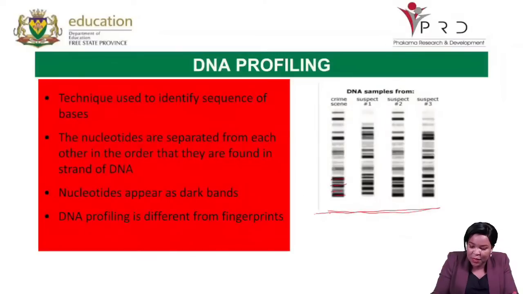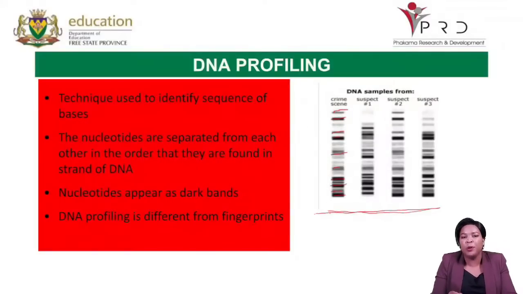You know now they represent the nucleotides, arranged in a sequence or in the order in which they are found. And no two people's nucleotides are arranged exactly the same, except for a case with identical twins or genetically identical twins.